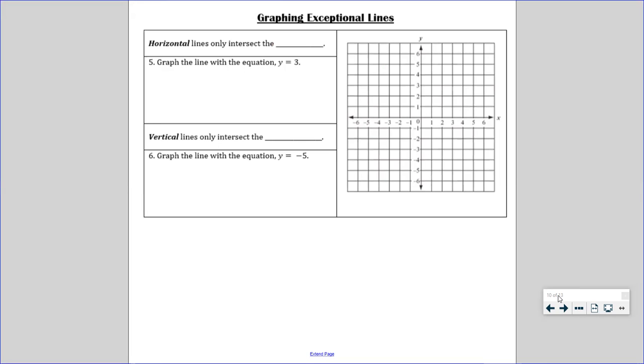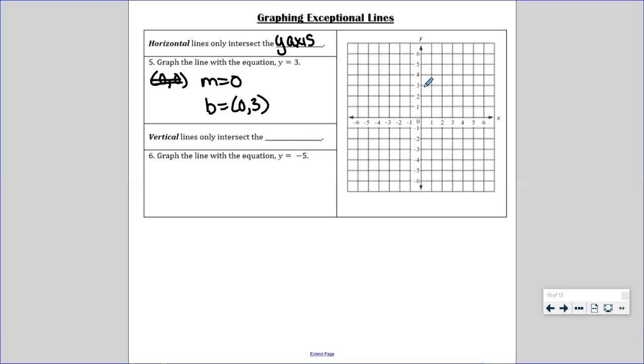For this one, it says horizontal lines intersect at the y-axis. So if you were to graph the line y equals 3, we don't have x, so think of y equals mx plus b. Our slope is 0, and our b is 0, 3.